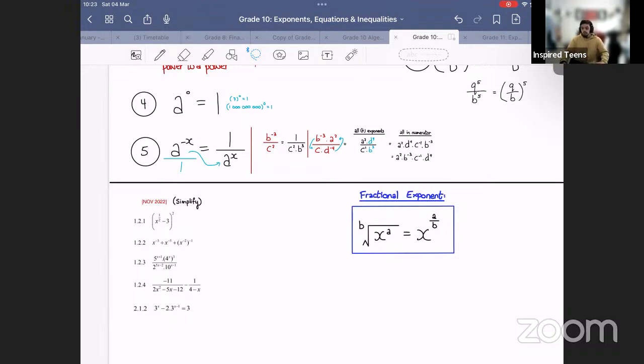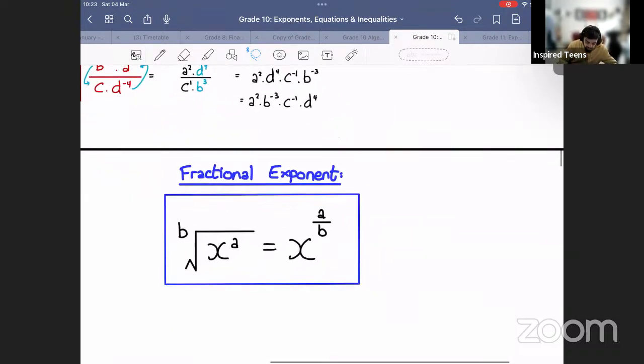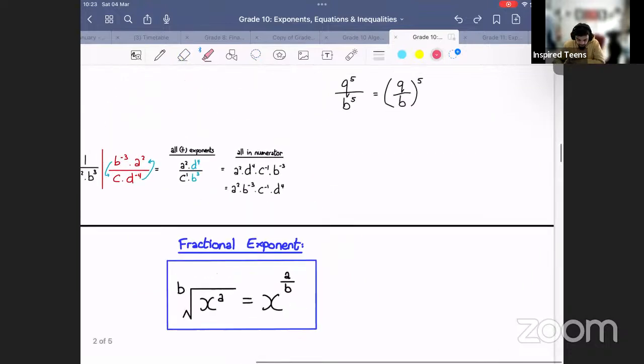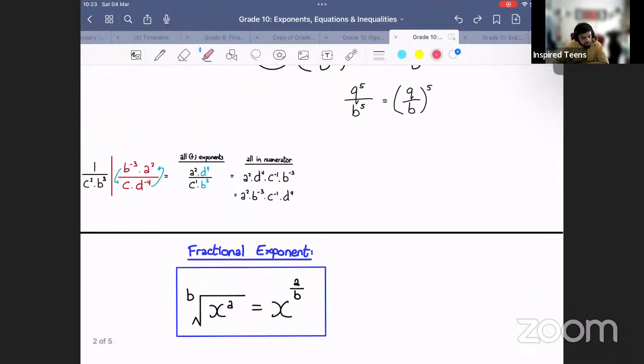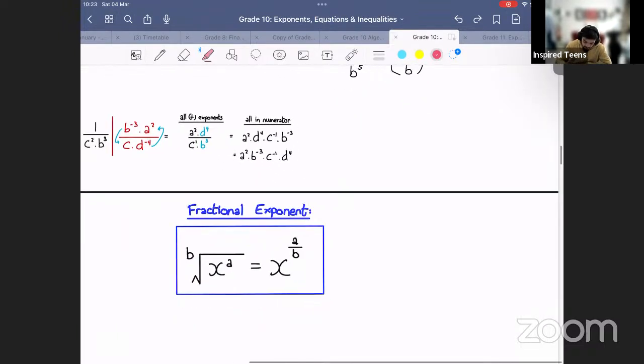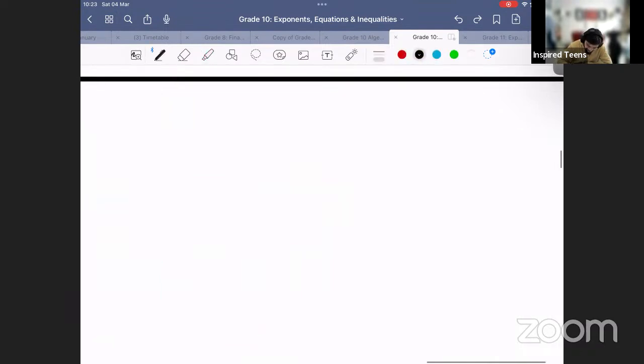Okay, let's continue. We're going to discuss a fractional exponent. With a fractional exponent, it's exactly in the name. It's a fraction in the exponent. If you have an exponent inside of a surd, like let's say we have the square root of b to the power of 3.